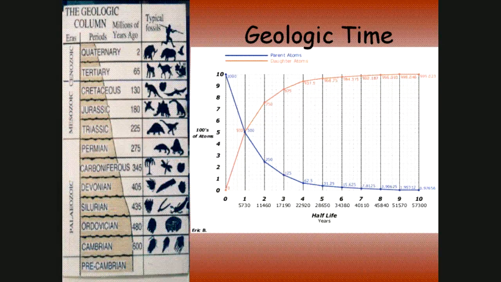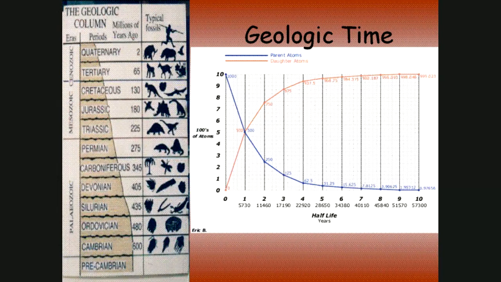On the right is just an example I put up to show you how half-lives occur and the numbers change. You go from 1,000, as in the example we were looking at earlier, to 500 to 250 to 125 to 62 and a half. Each one of these half-lives, regardless of the number of years involved, cuts the number in half.